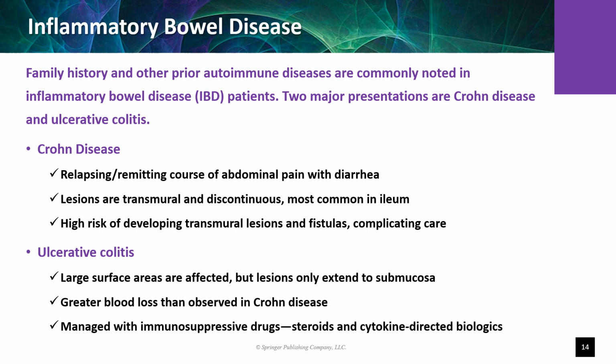In ulcerative colitis, the surface area of inflammation is much greater, but is restricted to the mucosal layer and does not involve deeper structures of the gut wall. Blood loss in ulcerative colitis is more severe. Management of IBD involves immunosuppression by corticosteroids and other anti-inflammatory agents.